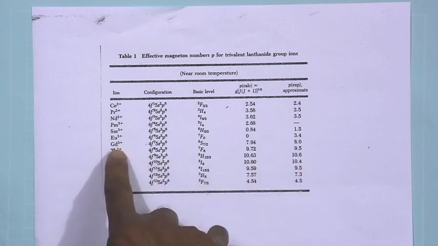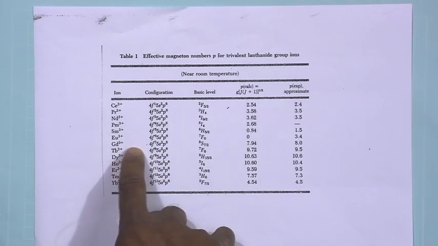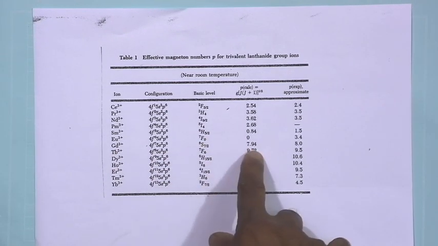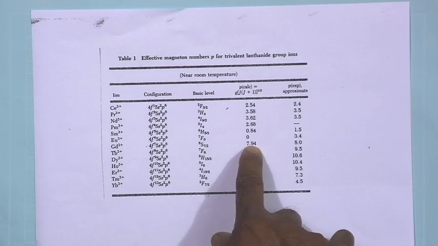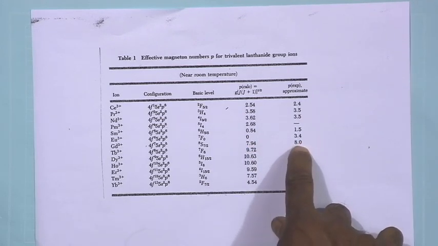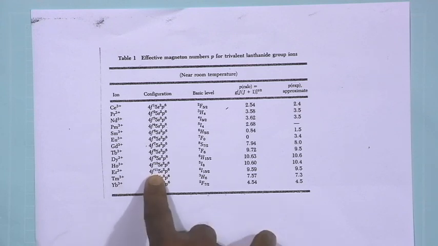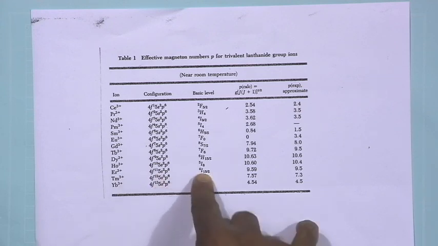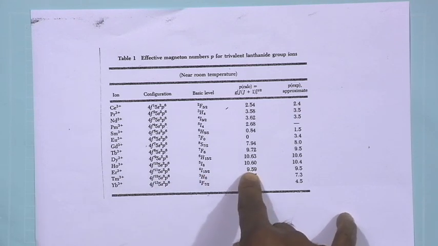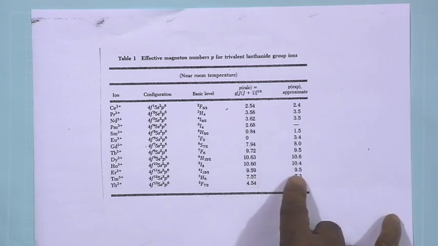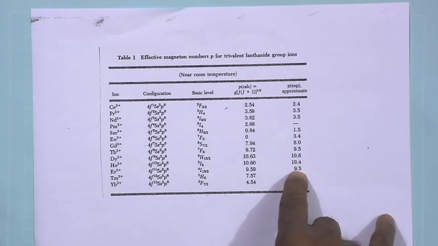Like, say, gadolinium, it is calculated 7.94 and experimental 8.0. So, good agreement. And erbium 3 plus, here you can see calculated value 9.59 and experimental value 9.5.